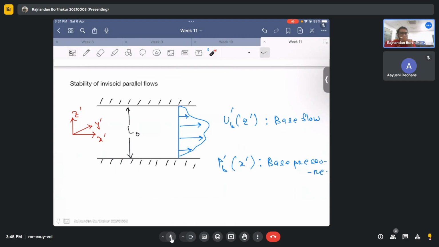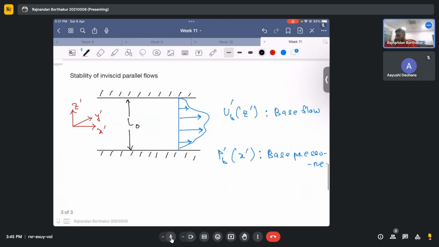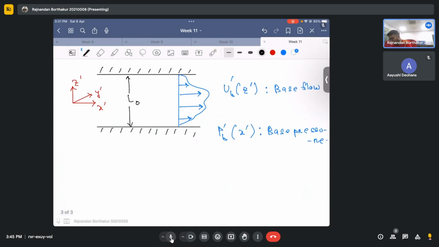So I will denote the perturbation variable as small u, and the base variable with an index b. For linear stability analysis to hold good, the magnitude of the perturbations should be very much less than the magnitude of the base variable.